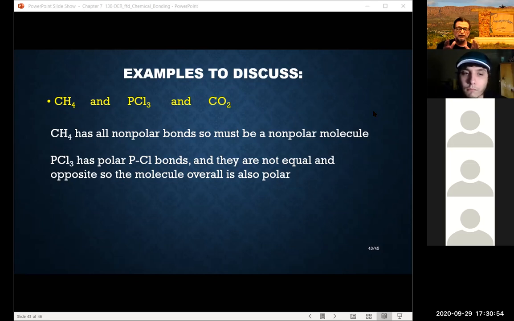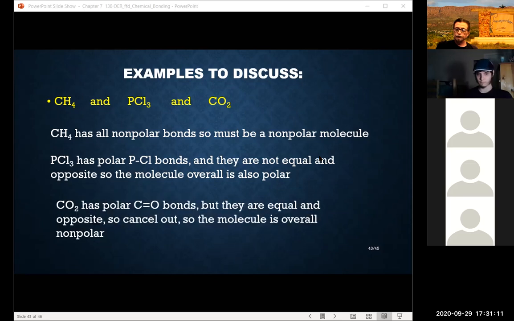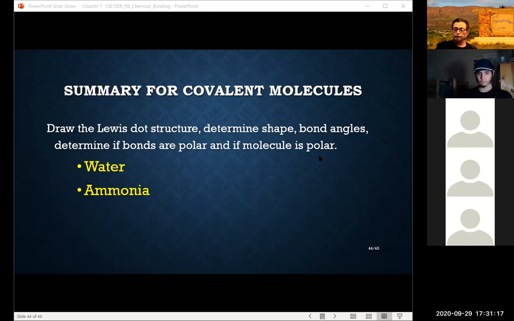Just the fact that you have a lone pair on the central atom tells you you have a polar molecule, because the polar bonds do not cancel out due to the lone pair. Carbon dioxide we talked about, polar bonds cancel each other out, therefore you have a non-polar molecule.